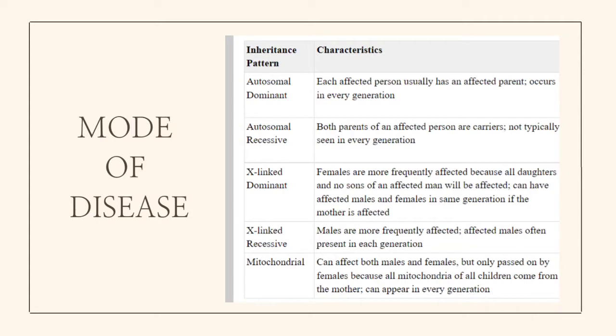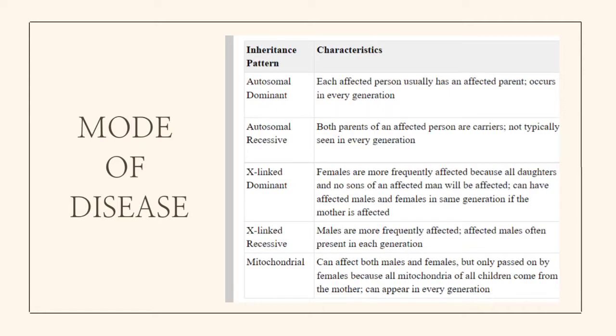Next, we have the autosomal recessive. In autosomal recessive, both parents of an affected person are carriers, and it is not typically seen in every generation. So in here, there are instances where the parents are not affected, but still they are carriers of a certain disease.